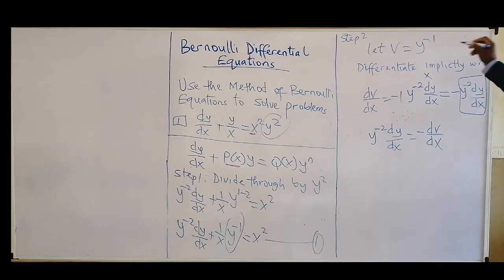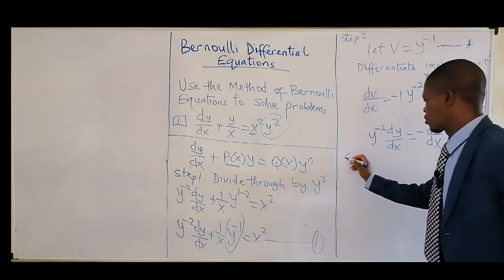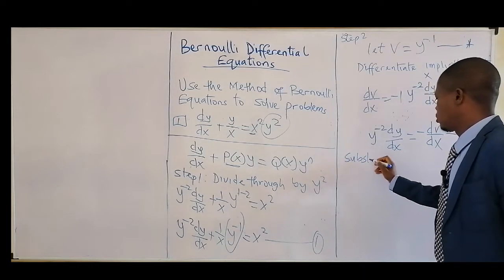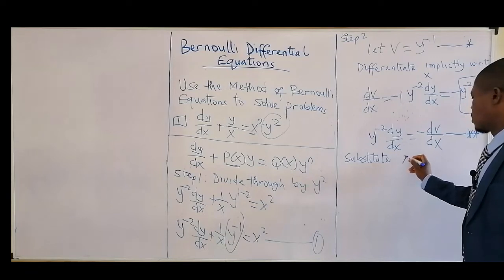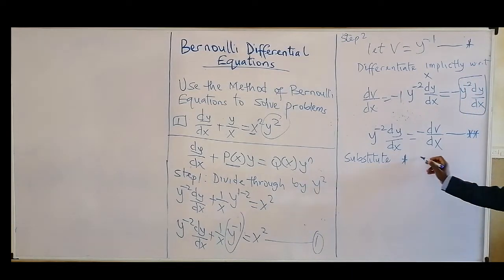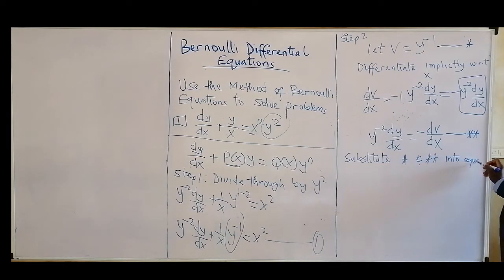We can call this one star, and we can call this one double star. So substitute star 1 and star 2 into equation 1.